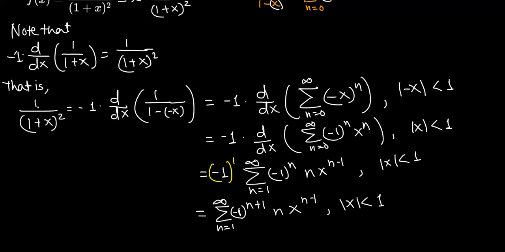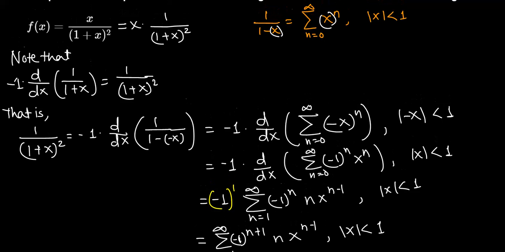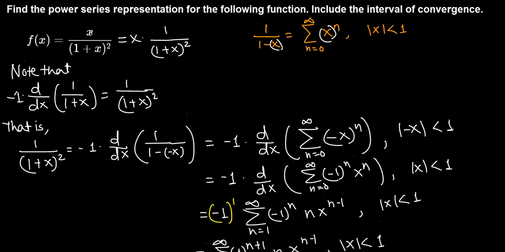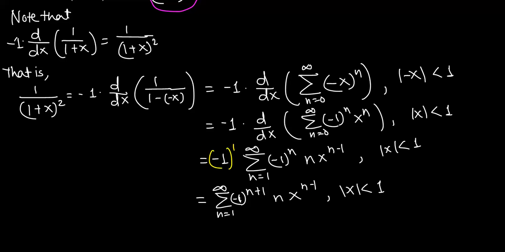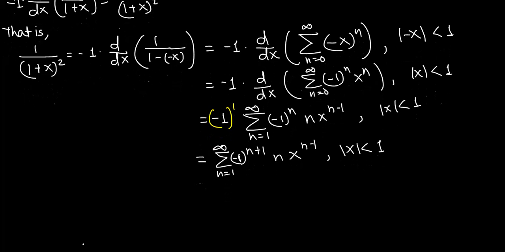So we found the power series for 1 over (1 plus x) squared, but our original question is x over (1 plus x) quantity squared. So we found it for this. Now, to find the power series for f(x) we need to multiply by x. So we go down here and multiply by x to get the final answer.